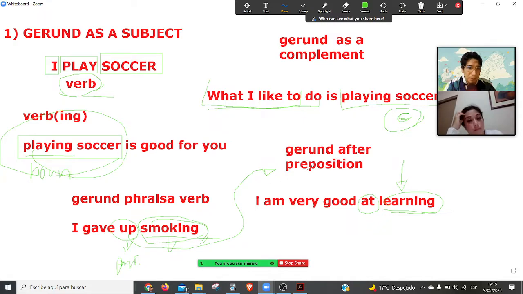The particle is a preposition just with a different name. Las partículas son como las preposiciones, solamente que le cambiaron el nombre. No pueden llamarle preposiciones si no le llaman partículas. Por lo tanto, después de la partícula o preposición, el verbo va con ing. And that's it. Did you understand?